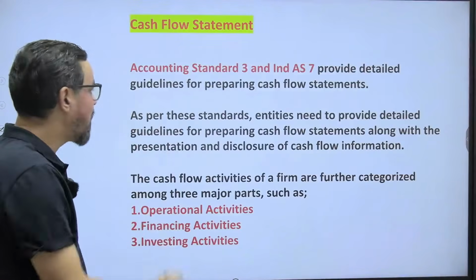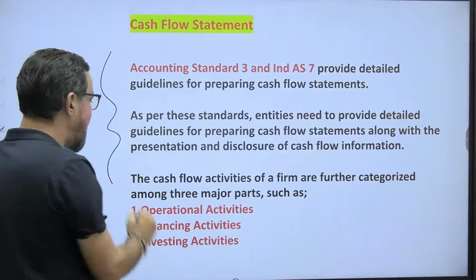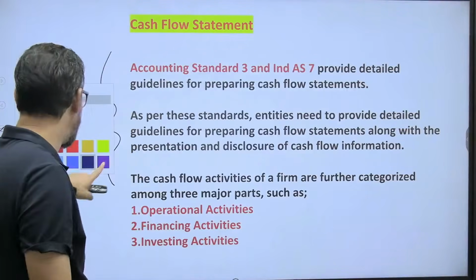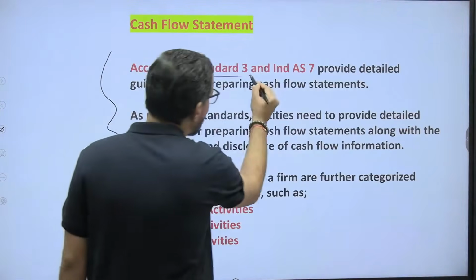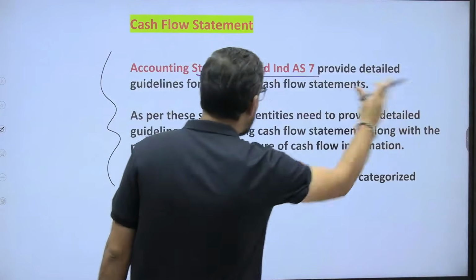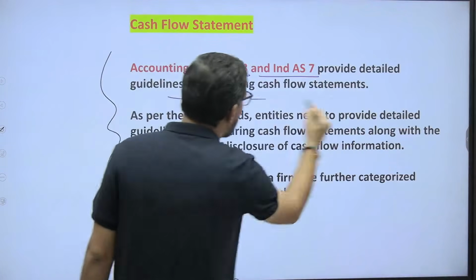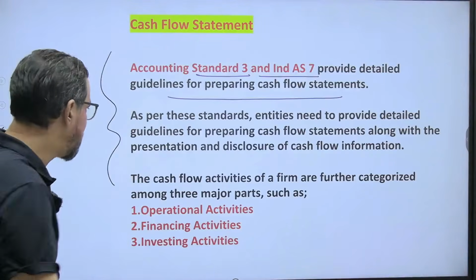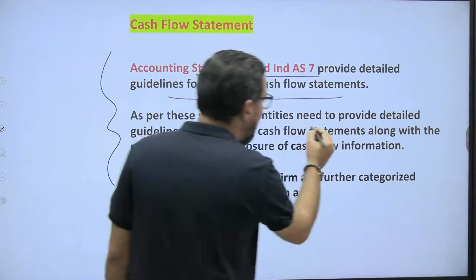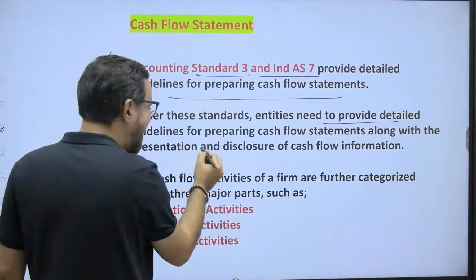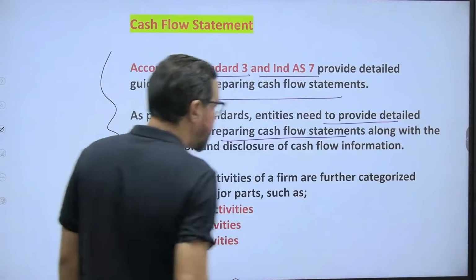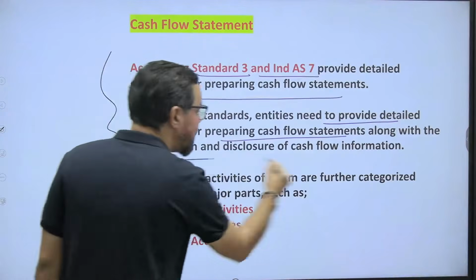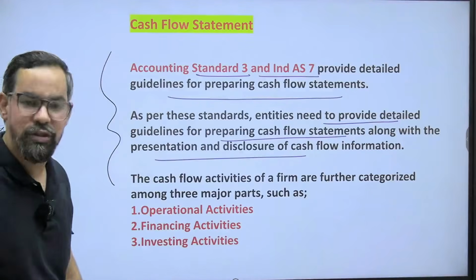Okay? So now they made some challenges when it comes to Accounting Standard 3 and Indian Accounting Standard 7, which provide detailed guidelines for preparing and presenting your cash flow statement. As per these standards, entities need to follow guidelines for preparing cash flow statements along with the presentation and disclosure of cash flow information.